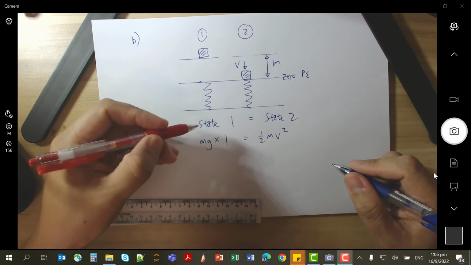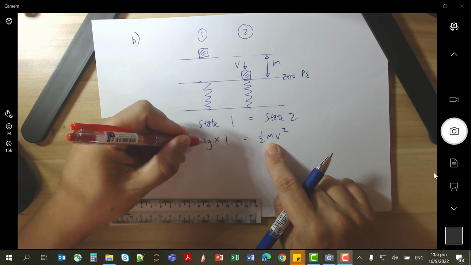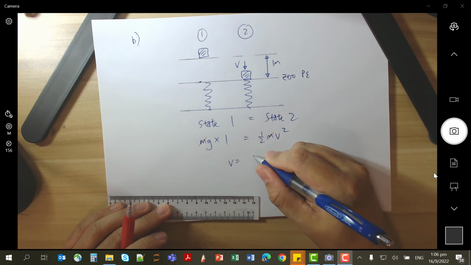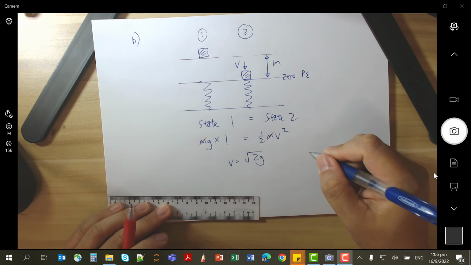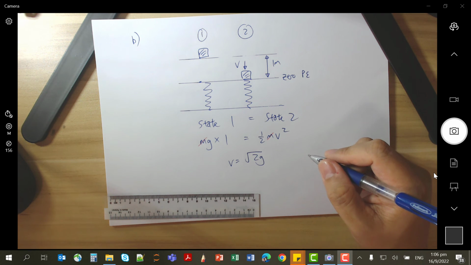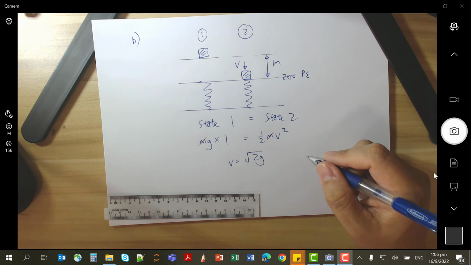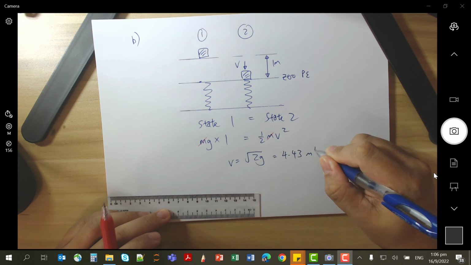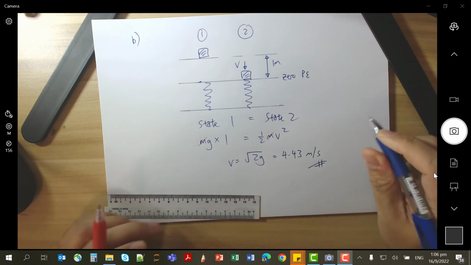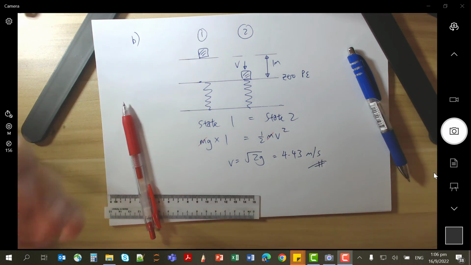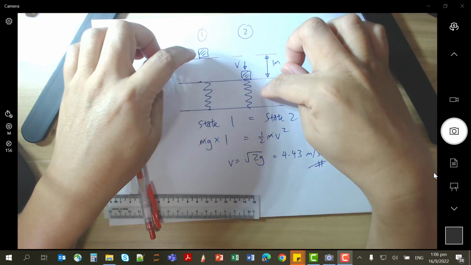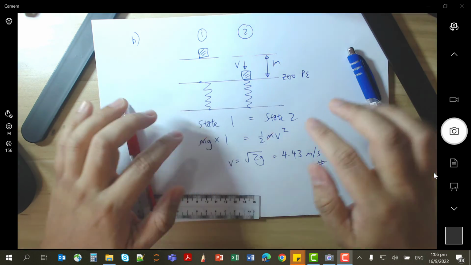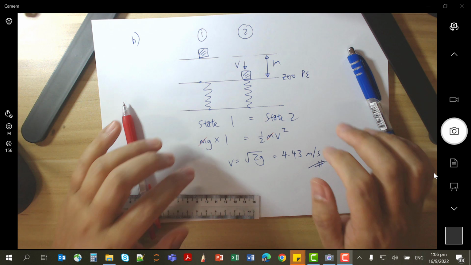Both sides have a mass, so I can cancel it away. So my v is basically root 2g, which is 4.43 meters per second. Again, it is important to define the two states and your 0 potential energy, and the rest you will be able to express into the equation.